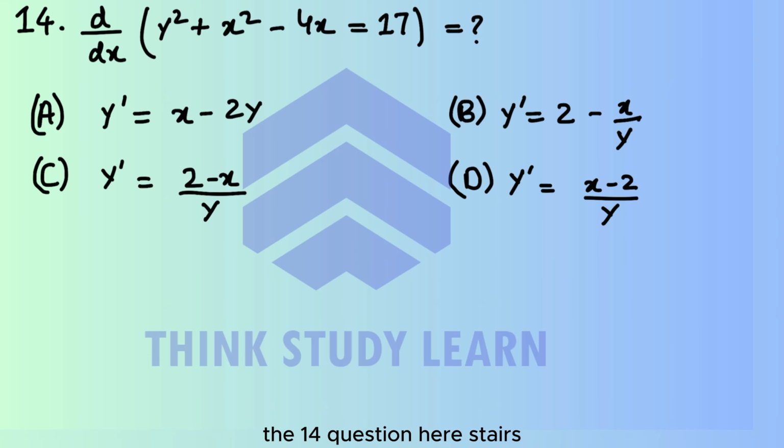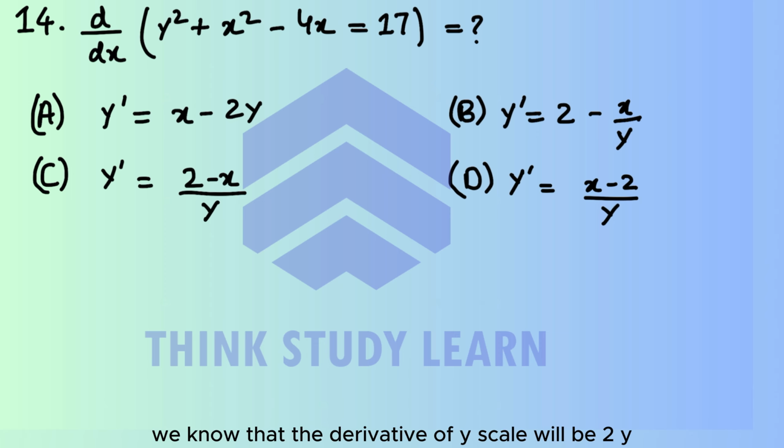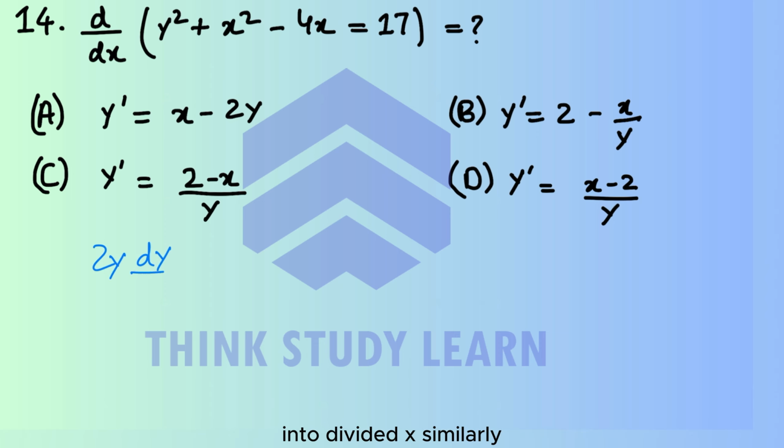The 14th question here states derivative of y square plus x square minus 4x is equal to 17 is equal to what? So we have to find the derivative of this equation. Let's find out. We know that the derivative of y square will be 2y into dy by dx. Similarly, the derivative of x square will be 2x minus 4 is equal to 0.